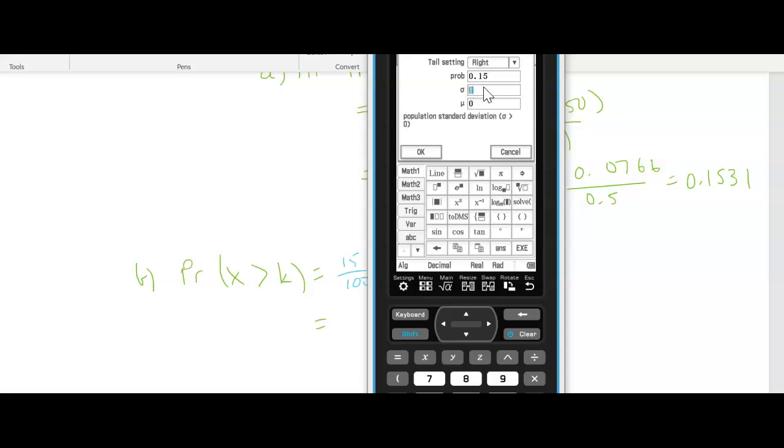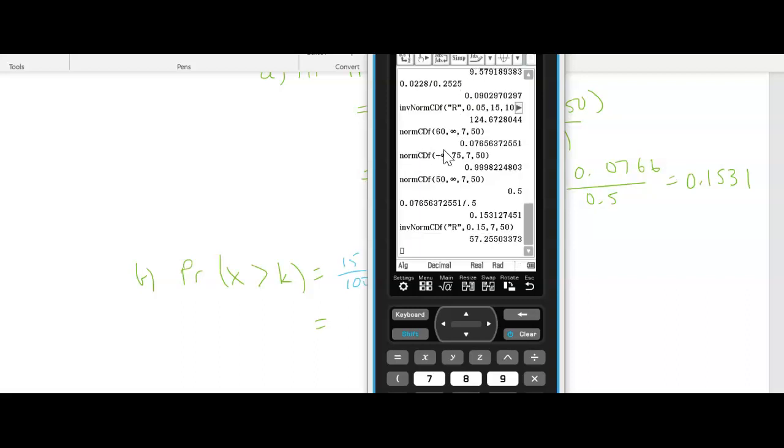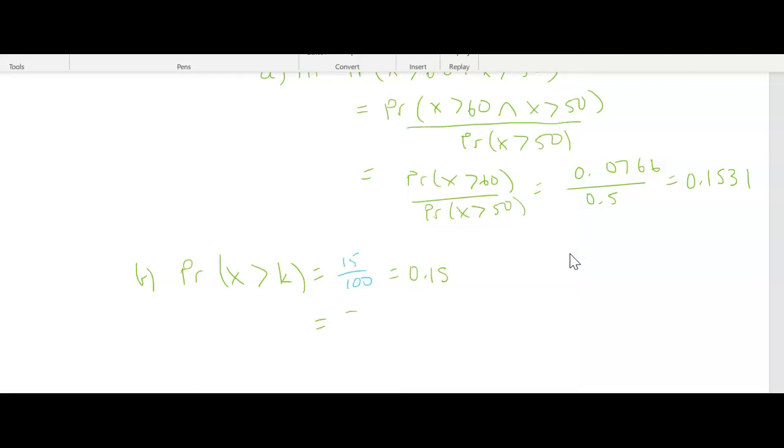Your standard deviation is 7 and your mean is 50. All right, and we get 57 point, just do 2 decimal places, 26. So that's the mark. If you get above that mark, you get awarded a distinction.